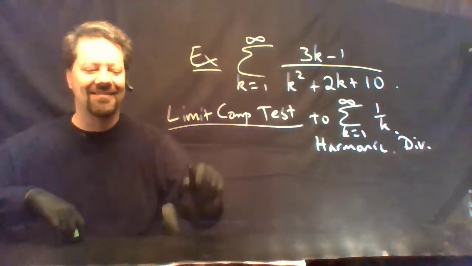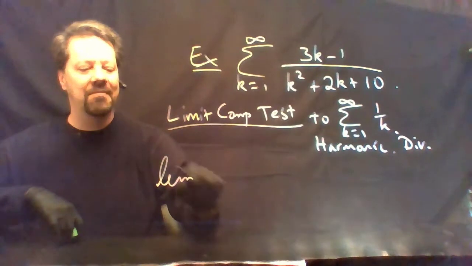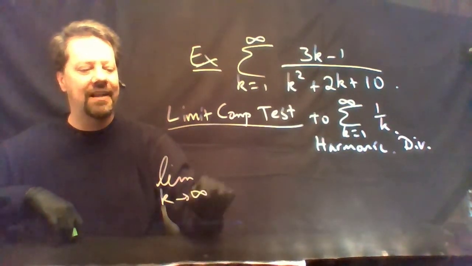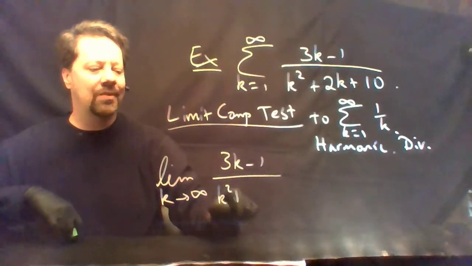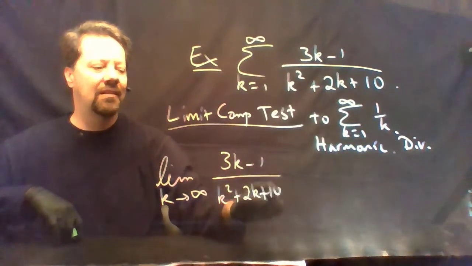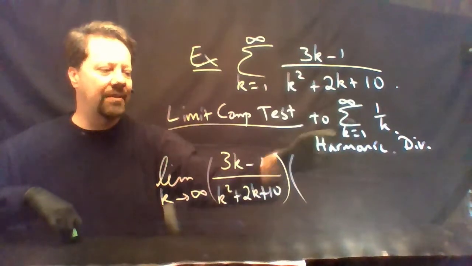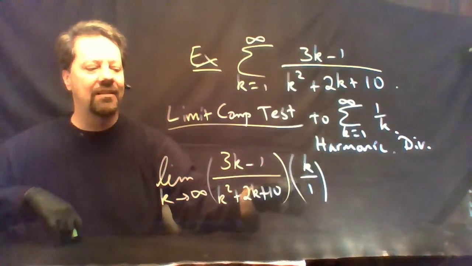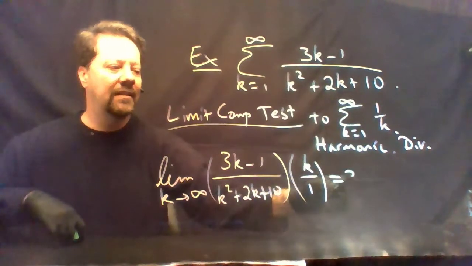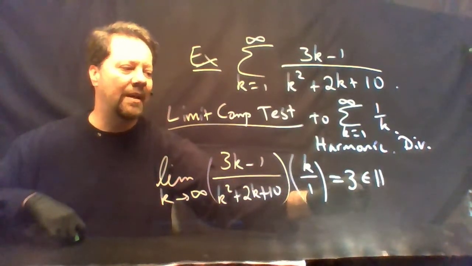It's famous. So we'll take the limit as k goes to infinity of (3k minus 1) over (k squared plus 2k plus 10), and we'll multiply that by the reciprocal. We now have a quadratic over a quadratic. The limit is 3, which is a positive real number.